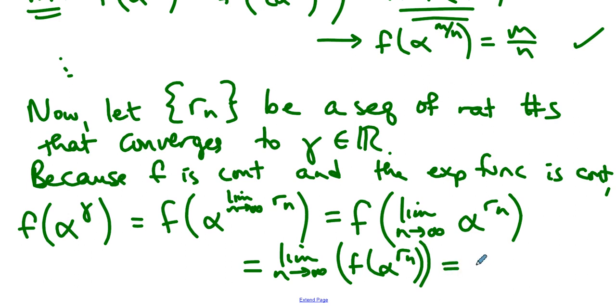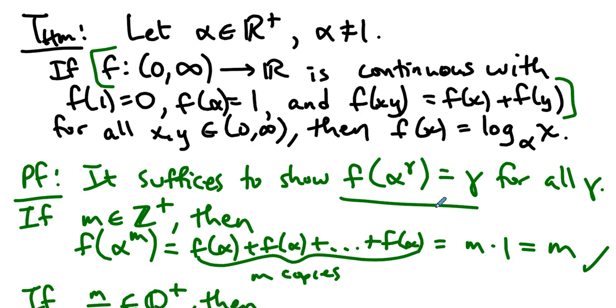So this is the limit as n approaches infinity of r sub n. But what are the r sub n's getting closer and closer to? Gamma. And so now, for all real numbers gamma, we have that f of alpha to the gamma is gamma. And because this is always true for all real gamma, then this must be true for all real x, and we're done.